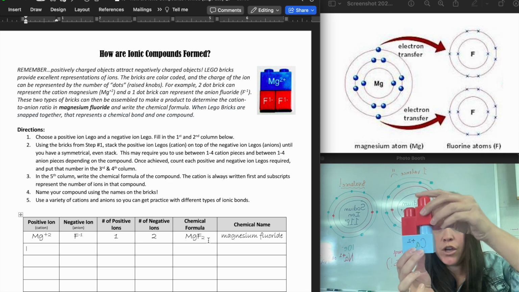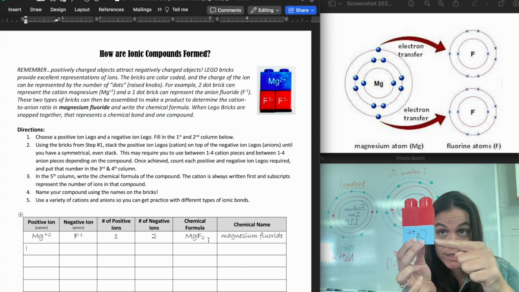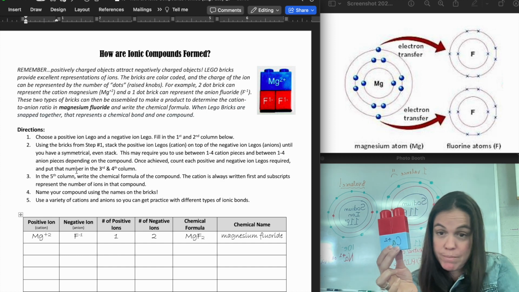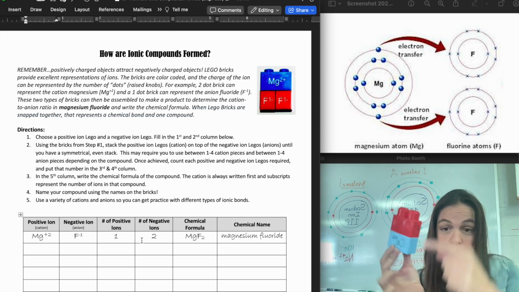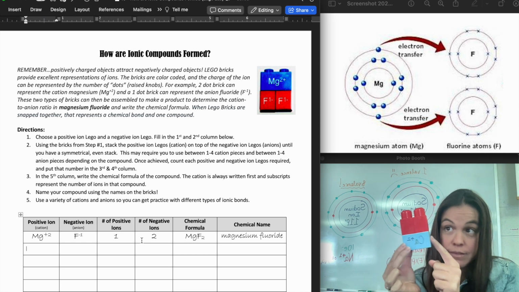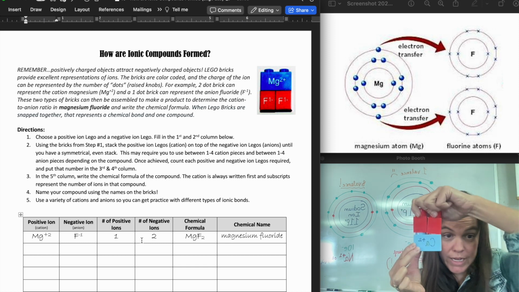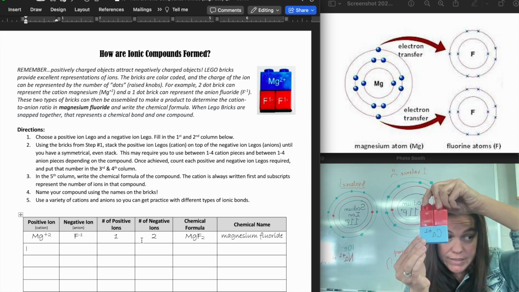So you need to have 2 of these for every 1 of these. So we get, much like the magnesium, Ca plus 2, F minus 1, but they form CaF2. I need 2 of these for every 1 of these.